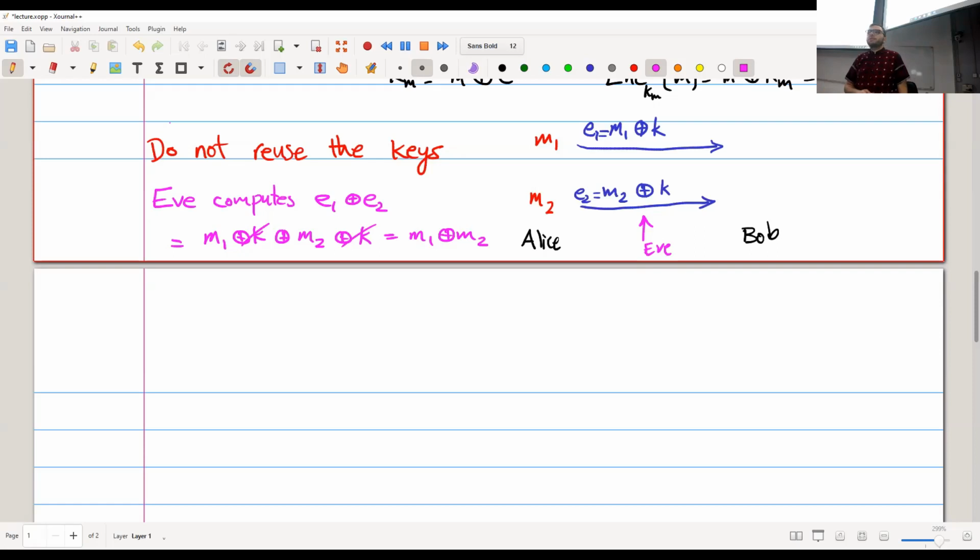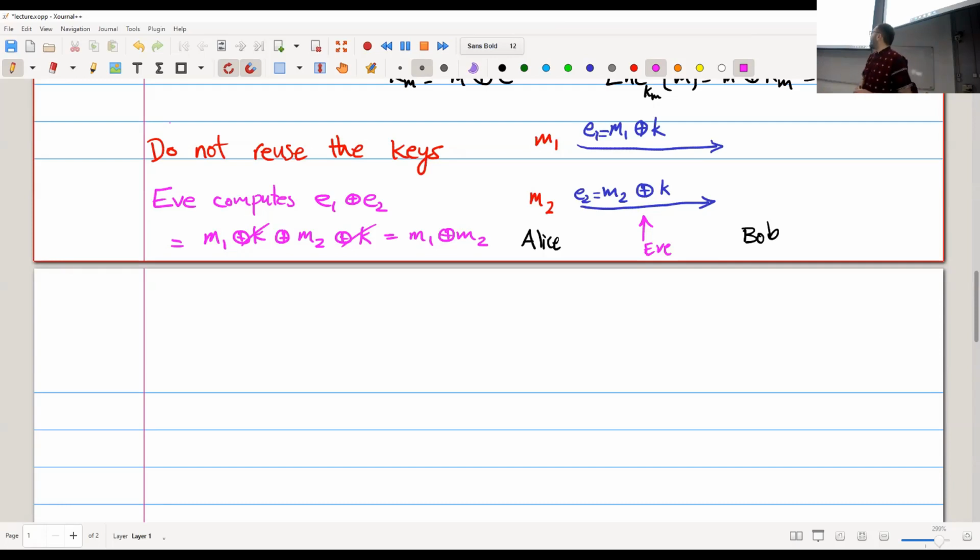So now I can rule out a lot of possibilities, right? So if I know, for example, that the XOR of two messages was 1, I know that it's impossible that both of my messages were 0. So if I can rule out some possibilities, that means I've gained some information about the messages. And that's enough for this to be not so secure.